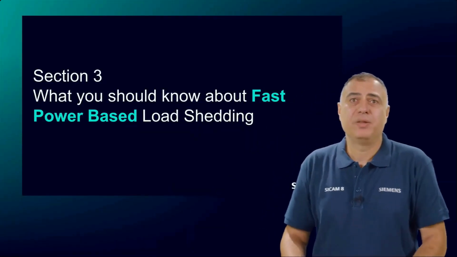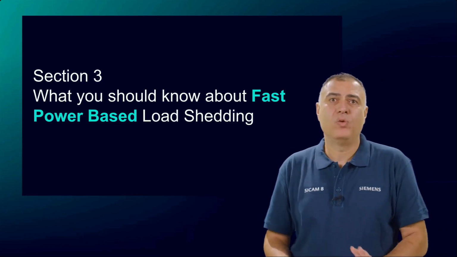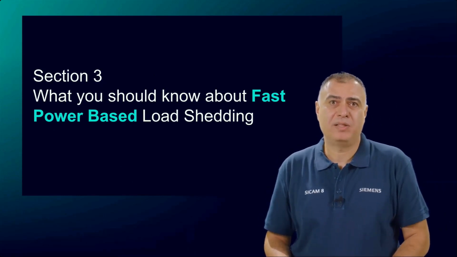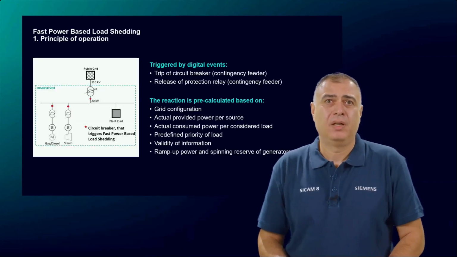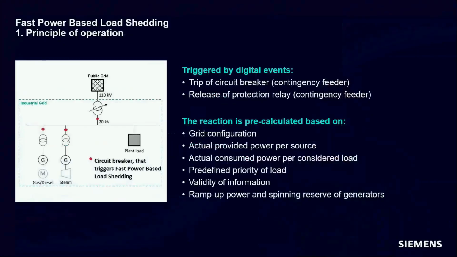In section 3, I will give you an overview of our SICAM fast power-based load shedding solution. This is our main load shedding function. With this slide, I want to give you an idea of the working principle of our fast power-based load shedding solution.